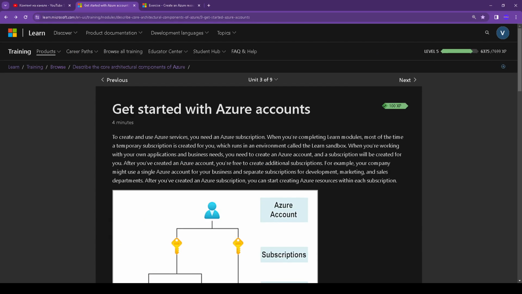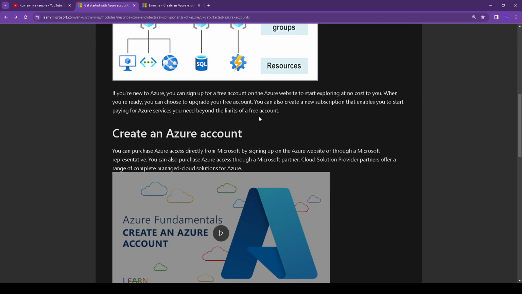So for our labs, we are on the Microsoft Learn platform, where you can find hands-on learning labs.